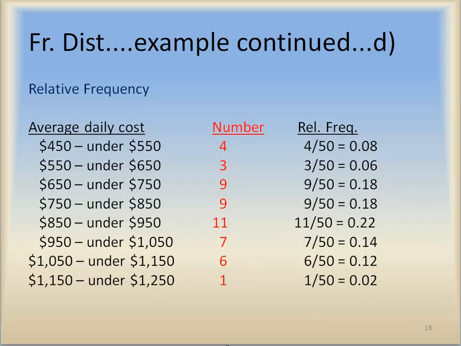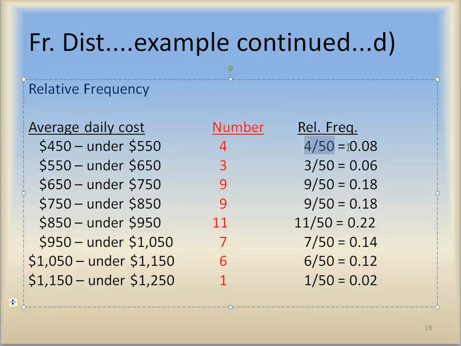One more thing we have to worry about is the so-called relative frequency. Recall, relative frequency means that we add up all these values, which should add up to 50, and then we take each of these and divide through by the total 50. Here it is. So 4 over 50 is 0.08 or 8%, for example, if it is presented as a percentage, and so forth.